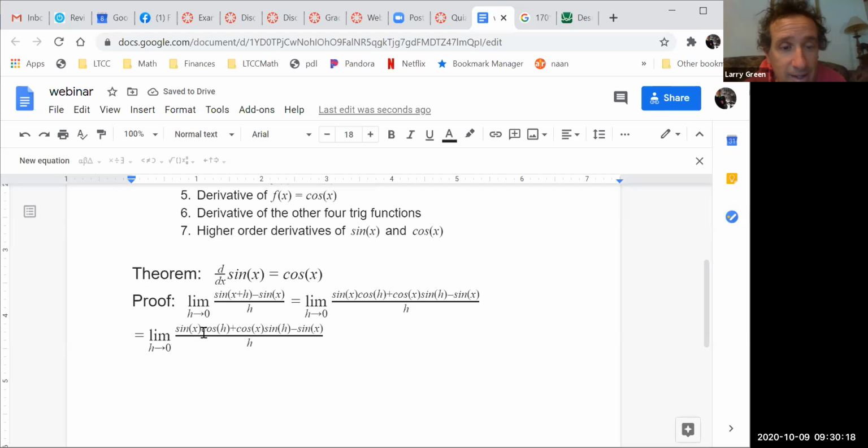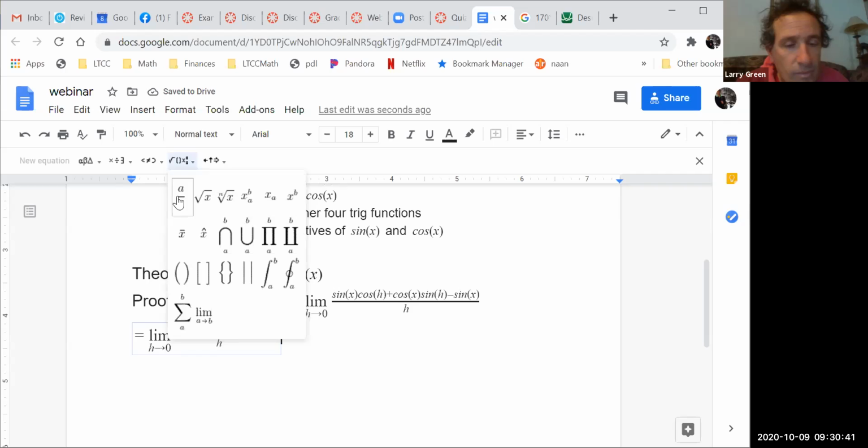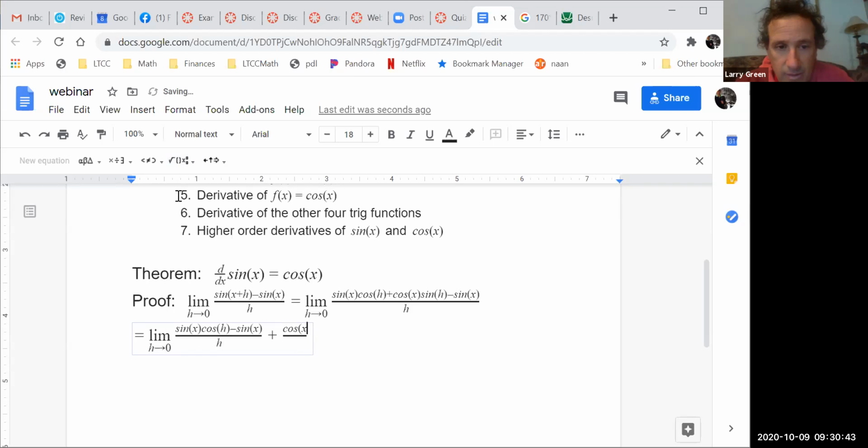So I'm going to rewrite this, and I'm going to have the part without the cosine x sine of h, and then plus the part with it. Any questions on that little tricky algebra?